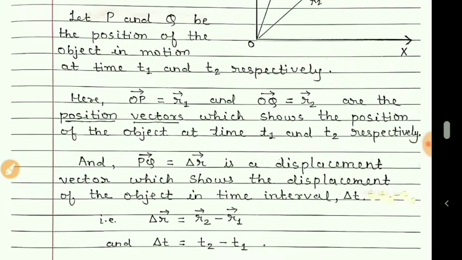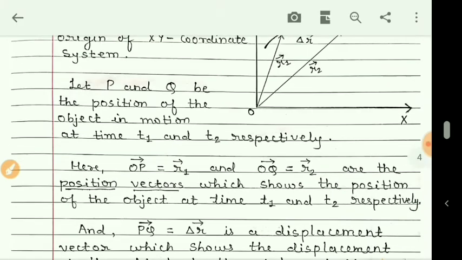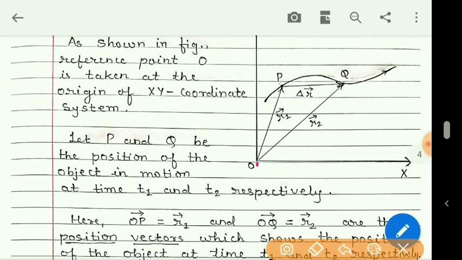So students, you can see here this vector OP is symbolically represented as vector r1. You can see in the figure this is nothing but vector OP, but symbolically we have represented it as vector r1. Similarly, vector OQ is symbolically represented as vector r2.